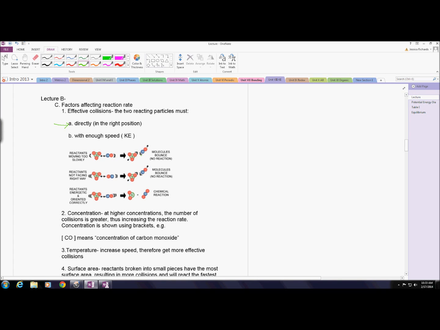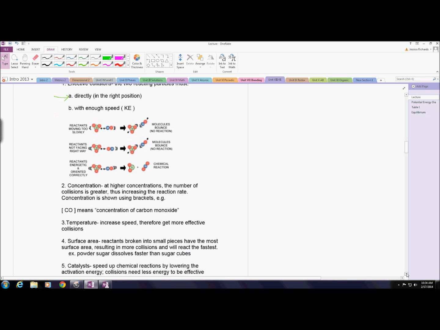If they're going too slow, no reaction. If they're not facing the right way, so if you have the oxygen side in this example hitting again, no reaction. They have to hit in the right direction with the right amount of speed in order for the reaction to happen. We can influence those factors, whether they're in the right direction or not, and if they're moving with the right amount of speed to make the reaction happen faster.